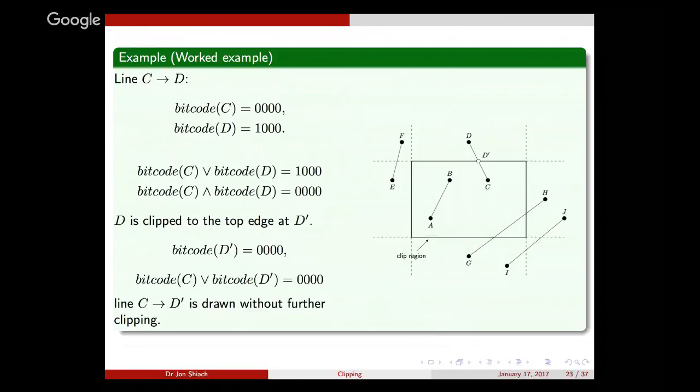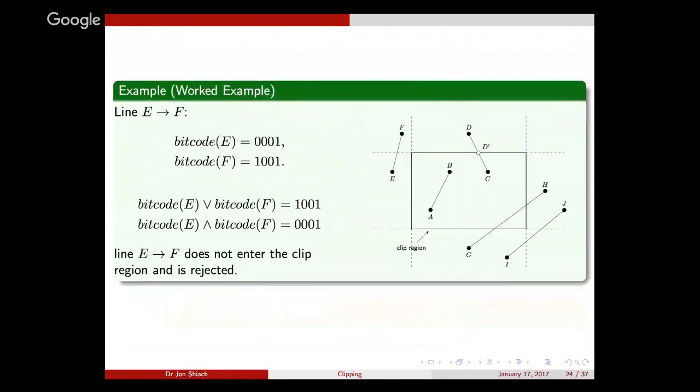Right, E to F. Okay, we can see using our eyes that line E to F never enters our clip rectangle. Okay, so bit code of E, that's to the left, so therefore we've got a 1 in the 4th location. Bit code of F, well that's above and to the left, so we've got a 1 in the 1st location and a 1 in the 4th.